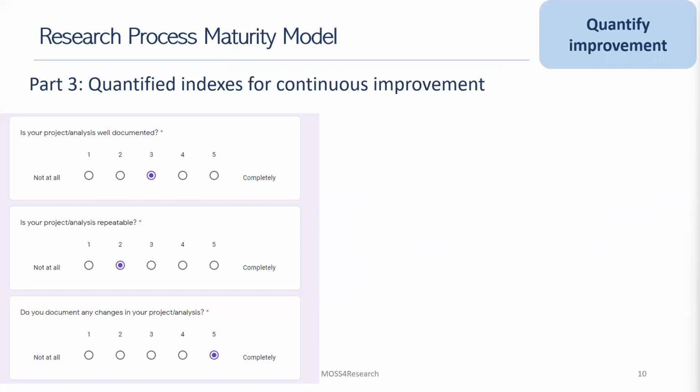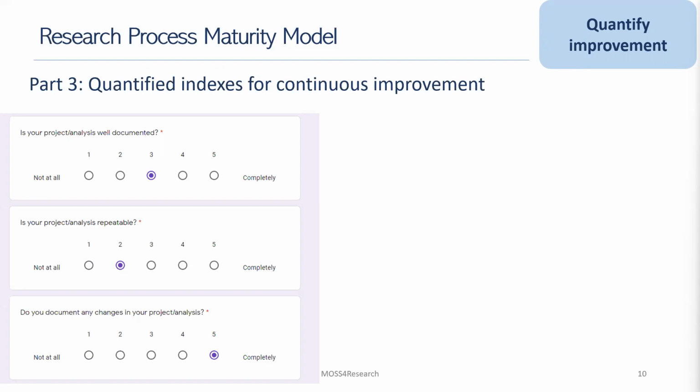Part 3, which is the final part, the model provides recommendations for quantifiable quality indexes so that the group can always assess and monitor their maturity and their progress. In our guide, we provide generic minimum thresholds to achieve the desired quality or maturity level, but the group can decide and set their own goals based on these indexes and monitor their progress accordingly.